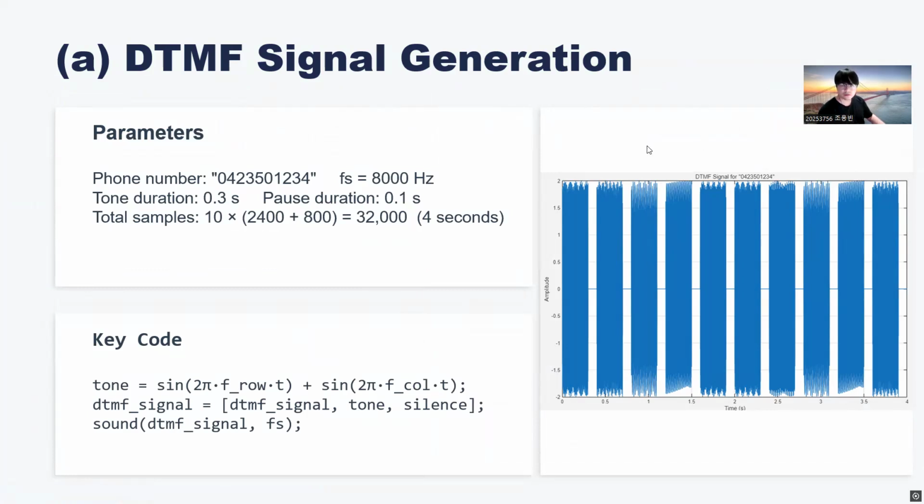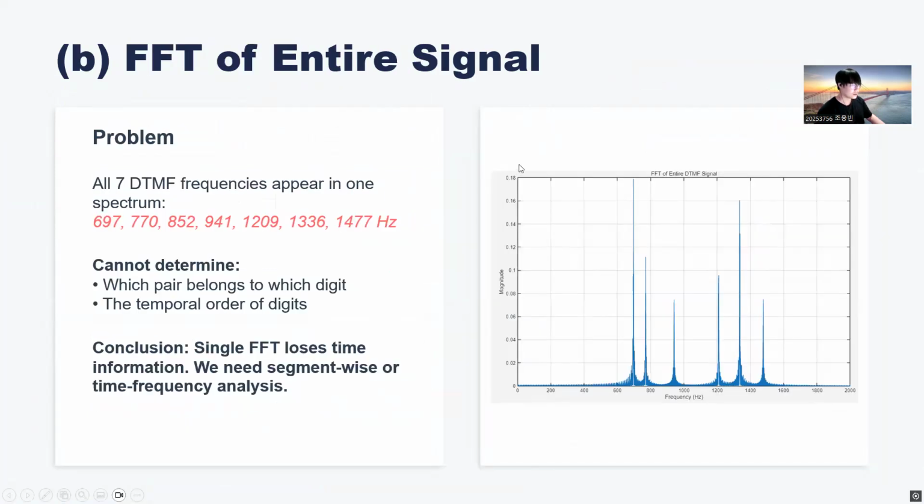And in part 2, we now conduct an FFT on the entire signal. Looking at the magnitude of the spectrum from 0 to 2000 Hertz, we can see peaks at all 7 DTMF frequencies, and they're all clearly visible.